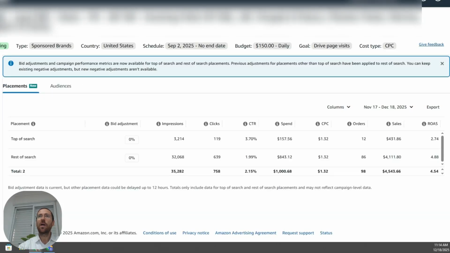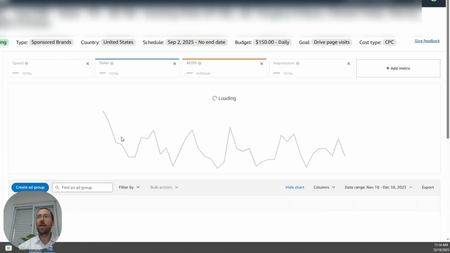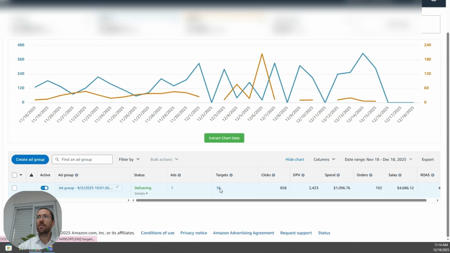So what I'm going to do is I go to my ad group, click targets, and I want to focus especially on those that have a good ACOS or good return on ad spend, and especially those that are selling the most for me, because it doesn't help me to look at something that generated 2 or 3 sales.